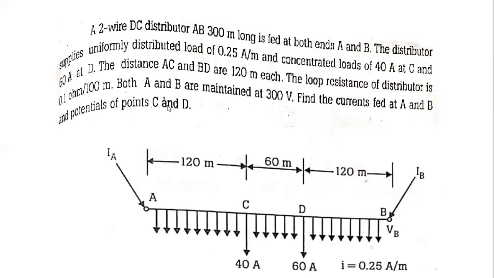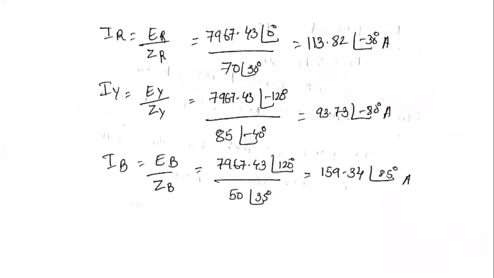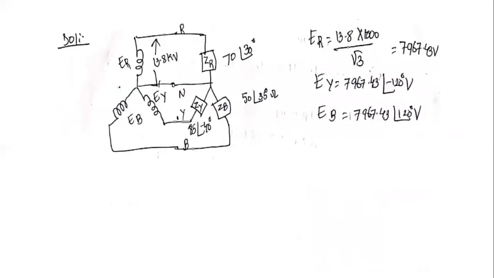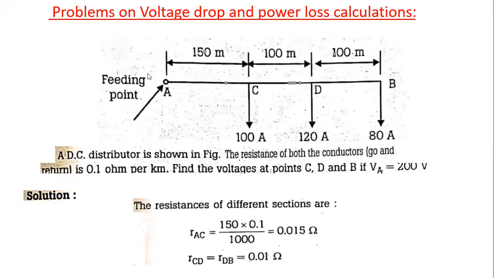Similarly, we calculate the ring main distribution system, fed at one end and at both ends. These are the problems related to the voltage drops and the power loss calculations.